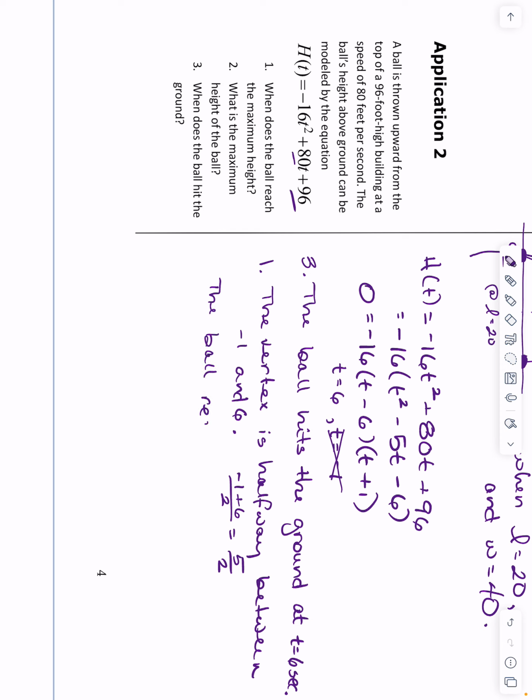The ball reaches its maximum height at 2.5 seconds.